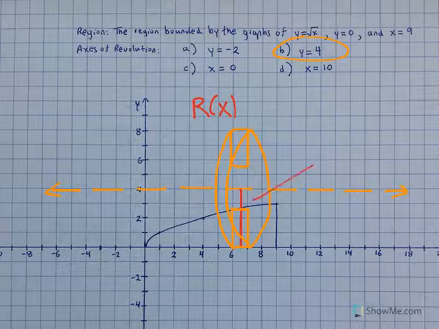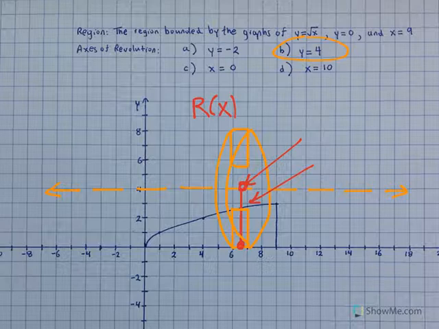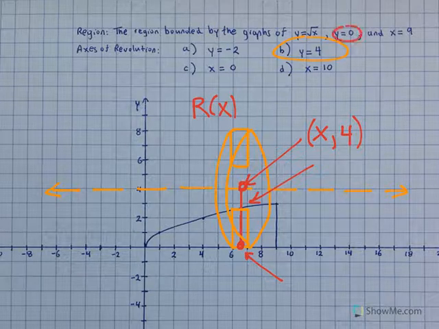You can see that's going to be given by the length of this red line segment. So I need to label the coordinates of the top and the bottom endpoints for this vertical line segment. The top endpoint is on the axis of revolution, where y equals 4, so I have the coordinates x, 4. And the bottom endpoint is at the bottom of our region, which is bounded by the graphs of y equals square root of x, y equals 0, and x equals 9.